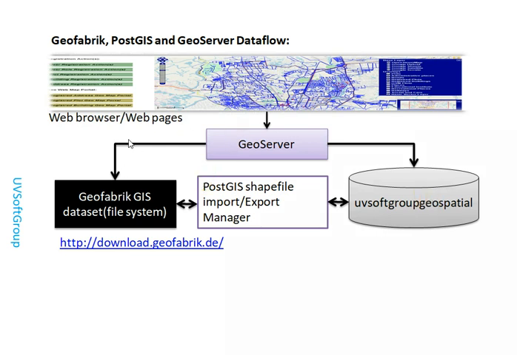GeoServer can also go directly to our raw data sets, meaning our downloaded shapefiles in a file system database. After that you can call all the data sets into your web pages. That is the main goal of this application.